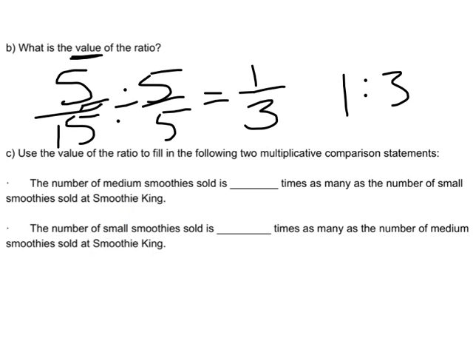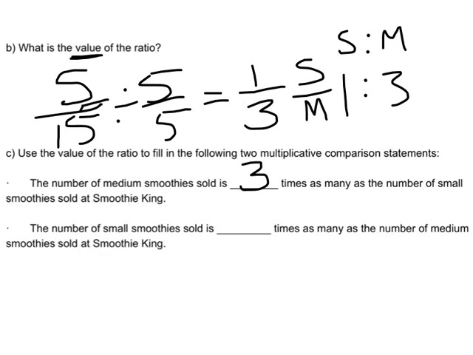Up here we're talking about small to medium. It's getting a little jumbled, but that's all right. You get it. So when I've got 3 smoothies, 3 is 3 times as many as 1. So that means the number of medium smoothies sold is 3 times as many as the number of small smoothies.